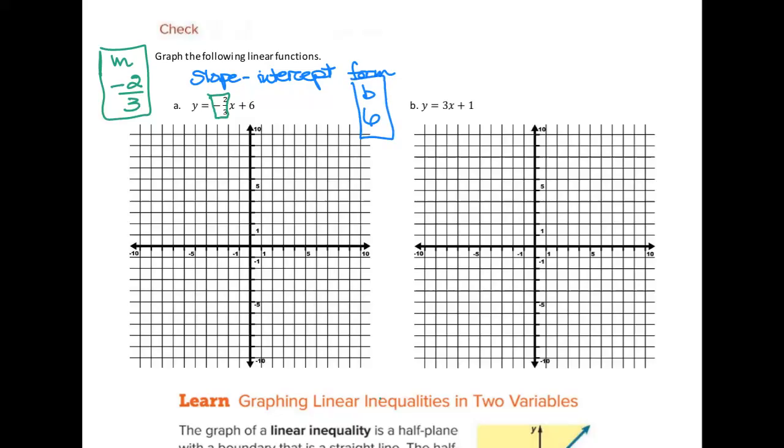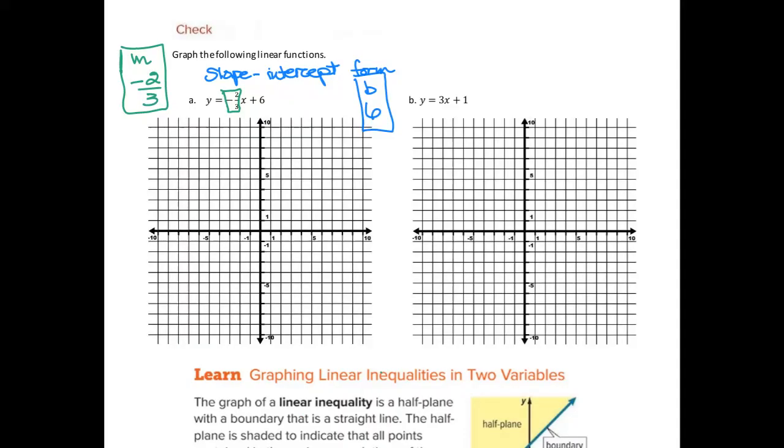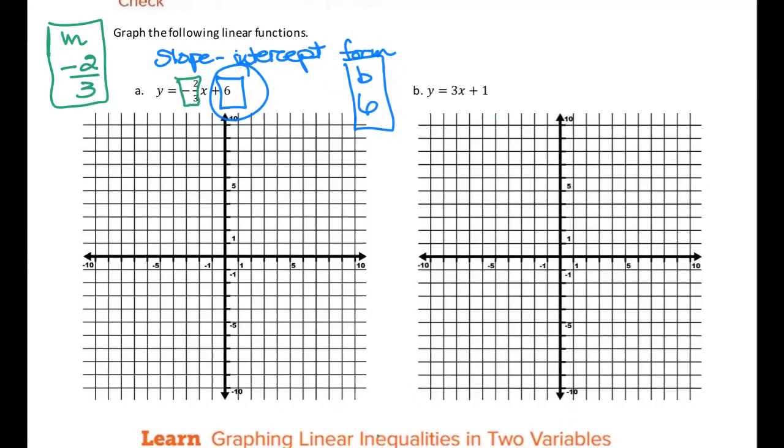So what point am I going to start with if I have y equals -2/3 x plus 6? We're going to do this one together. 6, yes, you always start with that y-intercept. And it's always going to be on the y-axis. So count up 6. There's 5. Here's 6. Plot that point.